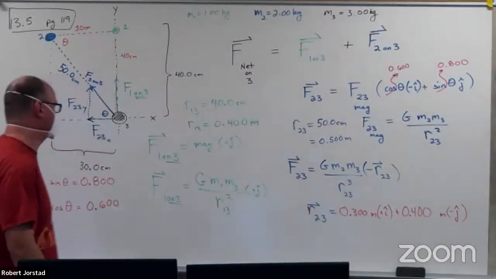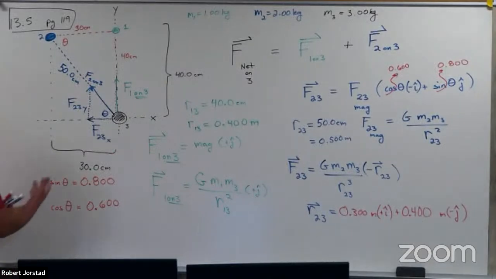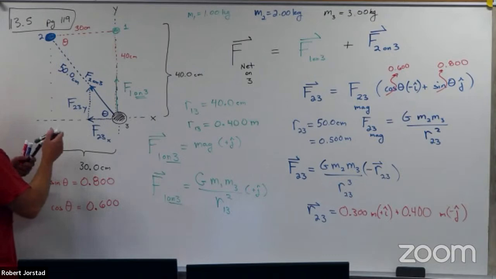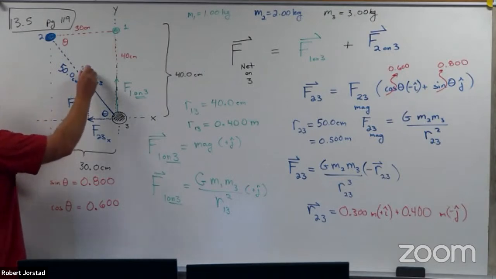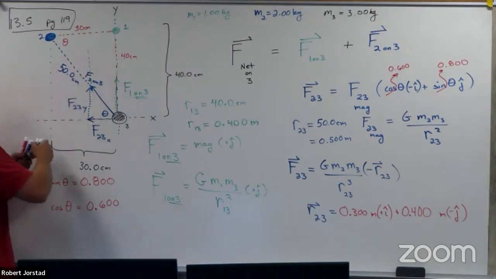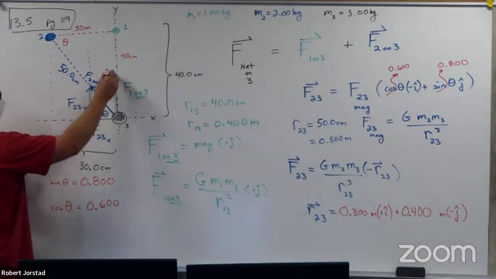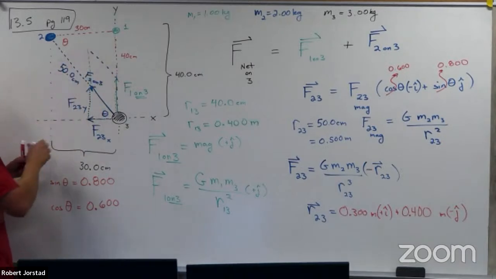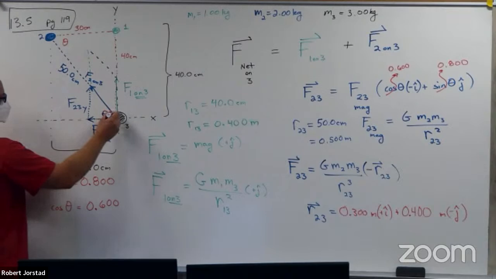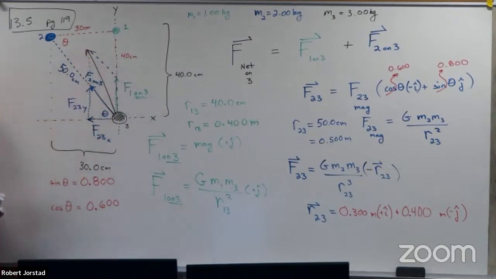Check this out. Couldn't we have eyeballed this a little bit? Take a look. I'm gonna cheat and do the parallelogram rule. Graphical tail to tip, tail to tip. There's the net force. It's somewhere in between there.